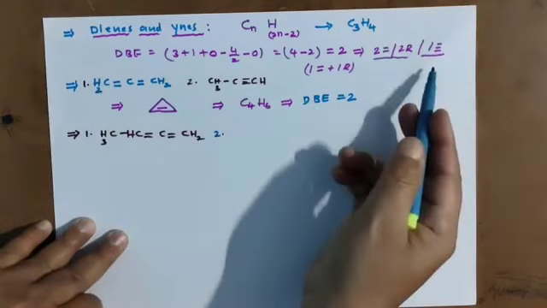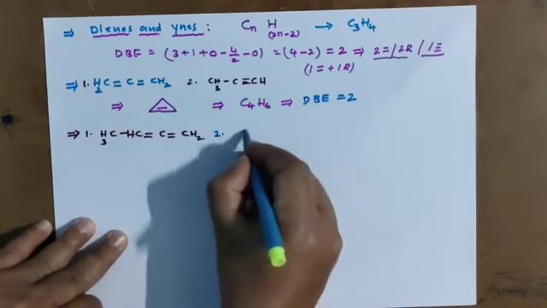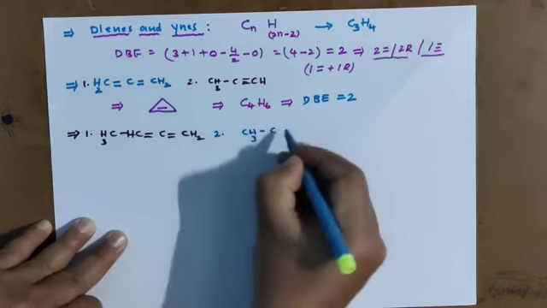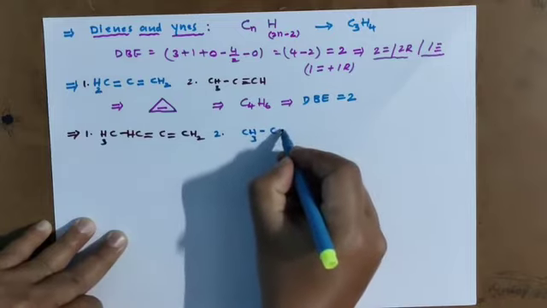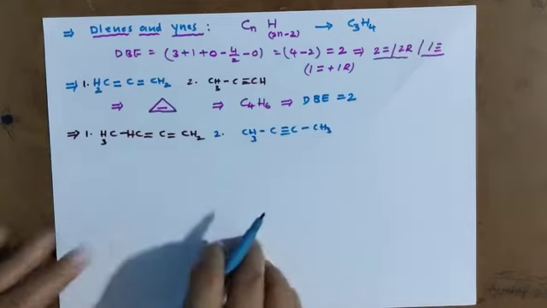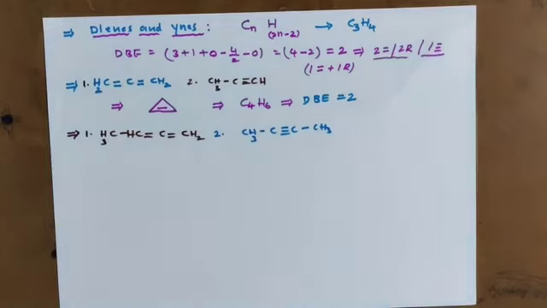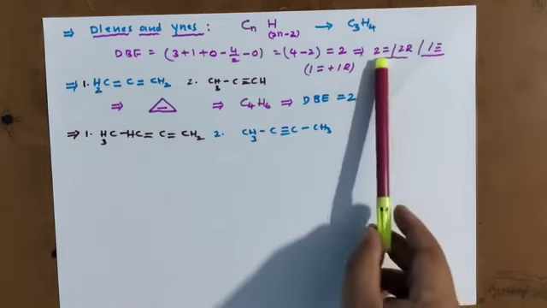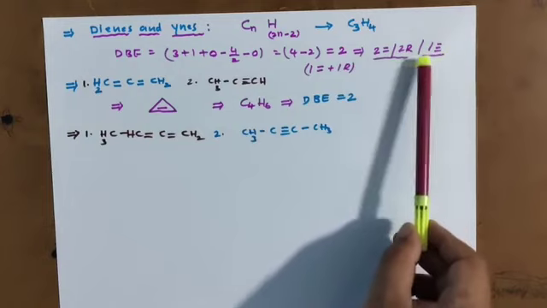Now one triple bond: CH3-C≡C-CH3. This is but-2-yne. So 2 double bonds and 1 triple bond are completed. Now 2 rings.